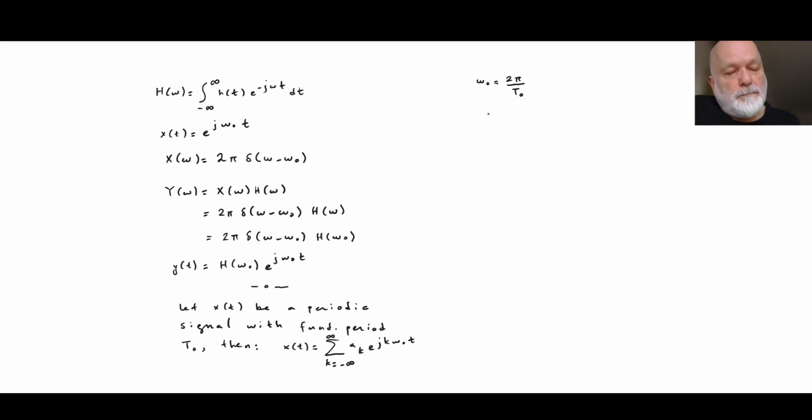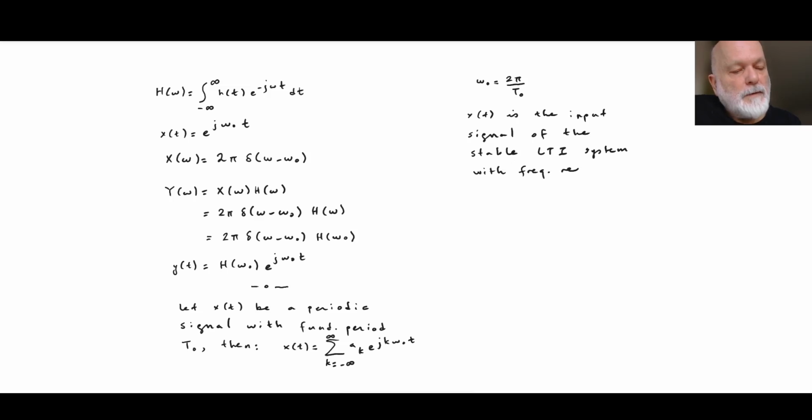So, first, we claim that this x of t is the input signal of the stable LTI system with frequency response H of omega.